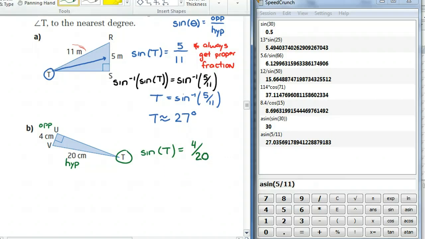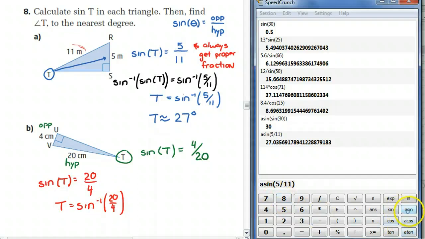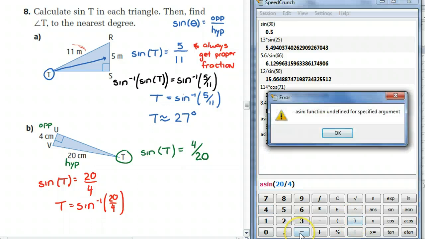And in fact, watch what happens if I did this. This is a common mistake that students would make. Sine of t, and they do this, 20 over 4. And then they would say t is equal to the sine inverse of 20 over 4. For reasons that we're not going to explore right now, but this is something to think about when you leave this video, if I try and do this, 20 divided by 4, my calculator gives me an error.